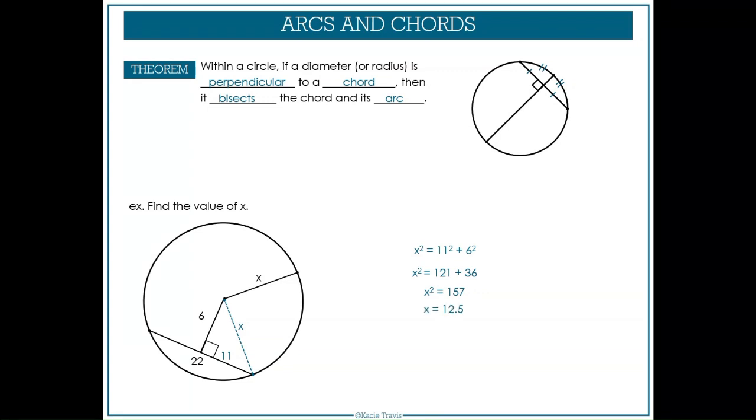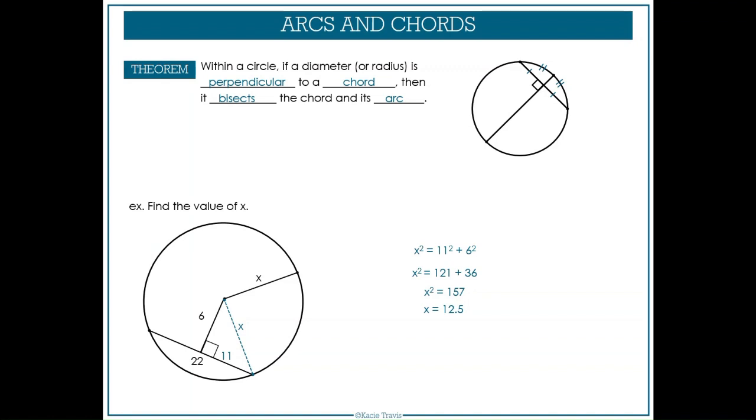When we do that, we get about 12.5. So it's a little bit of extension with this. If we end up not having just a straight up and down easy problem to look at, we got to use the properties of our circle so we can set up some information and continue to solve.